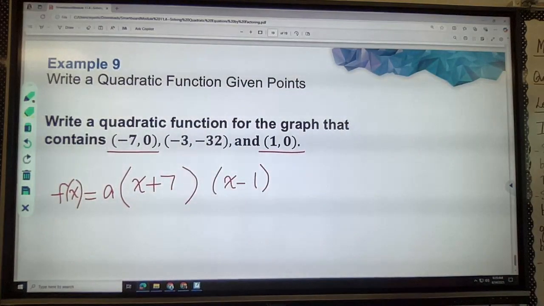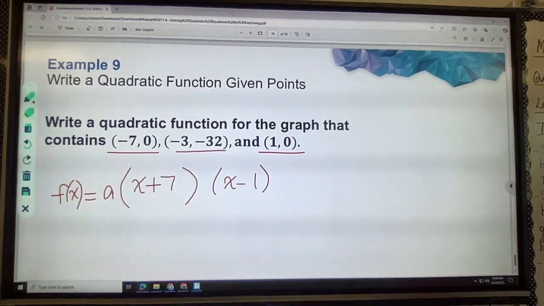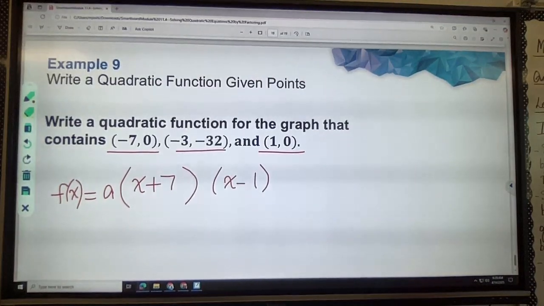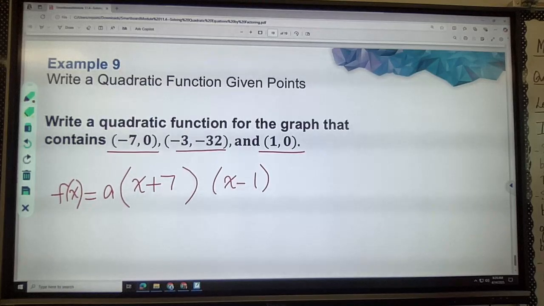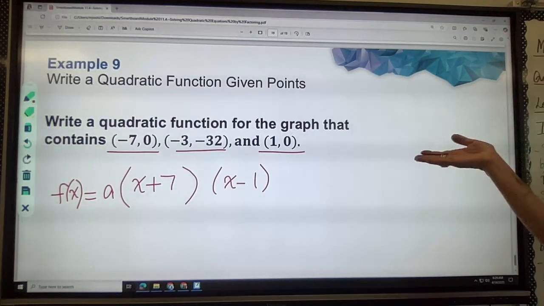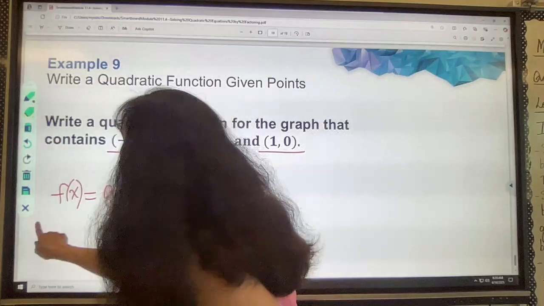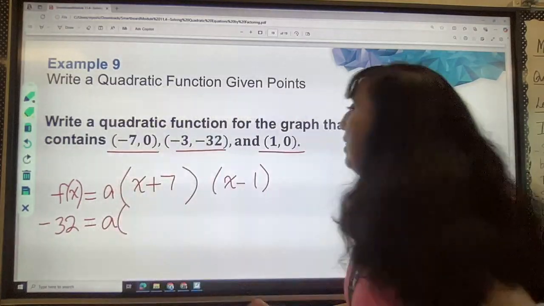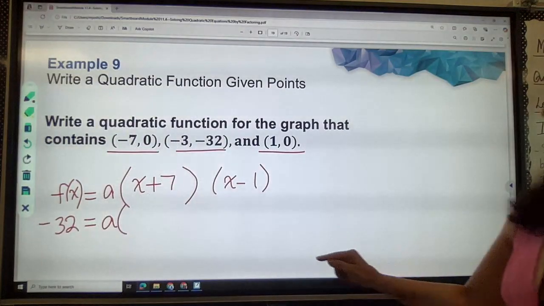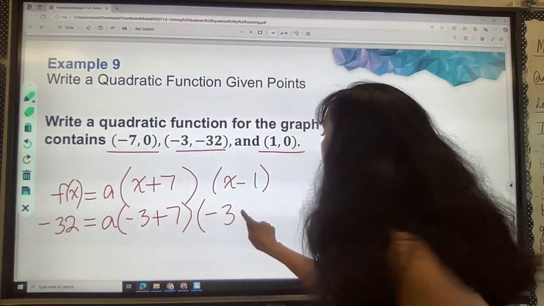Okay, so we are going to use the third point, which is this, in order to find this. Okay, so we are going to do the quadratic function with zeros of -7 and 1. Okay, and so therefore the factors of that would be obviously x plus 7 and x minus 1. Then we substitute the values from here, and I get f of x is -32 is equal to a, and then I have x, which is -3 plus 7 and -3 minus 1.